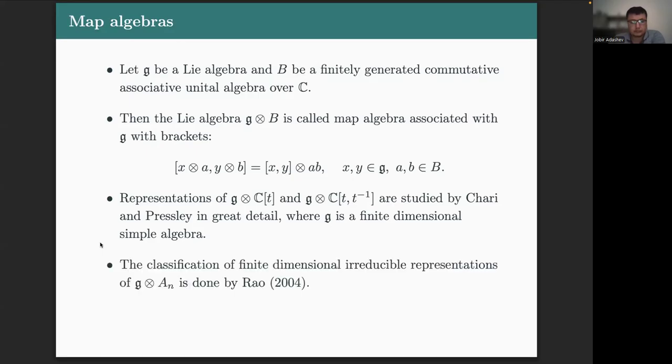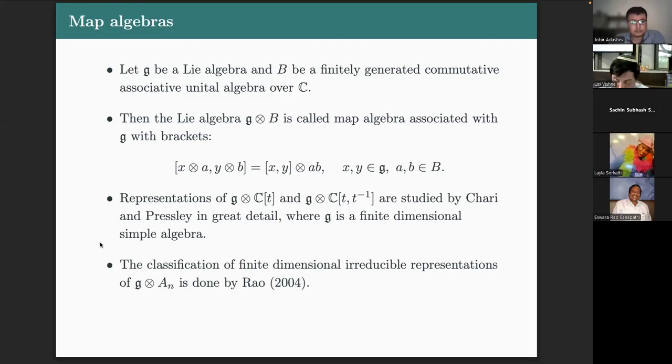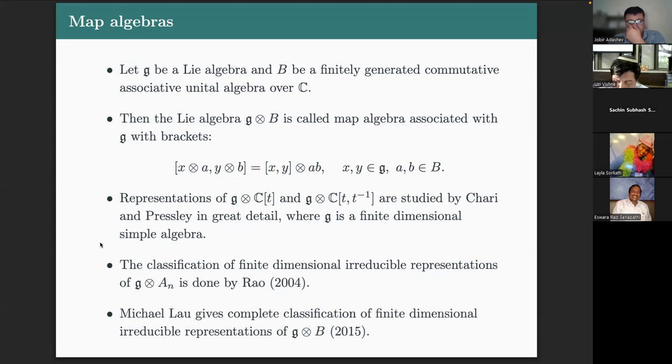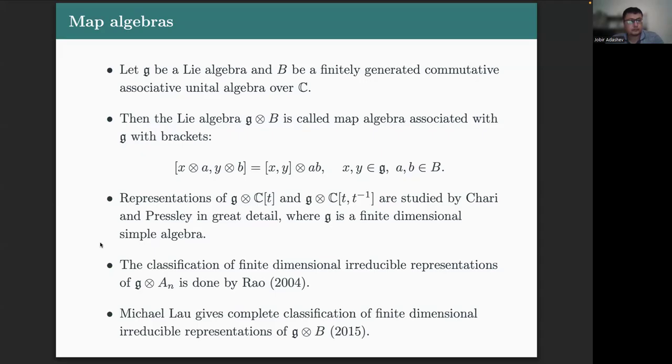The classification of finite dimensional irreducible representations of G tensor A, where A is the Laurent polynomial ring, was done by Rao in 2004. Later this work was extended by Michael in 2015, where he classified all finite dimensional representations of G tensor B, where B is any finitely generated commutative associative algebra. So it has its own importance.